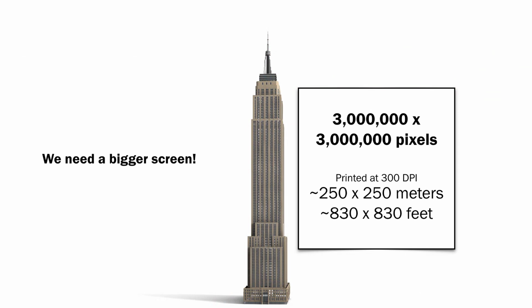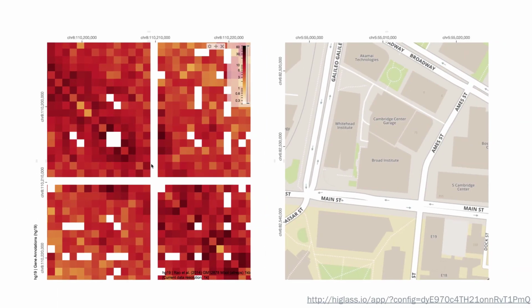Okay, so of course the question is, how can we address this? We could use a bigger screen, but clearly you're not going to find one that's big enough. So let's think a little bit more about what we're dealing with. Here is an actual map of the Broad Institute in Kendall Square in Cambridge. The Whitehead Institute is here as well, and a couple of other places.